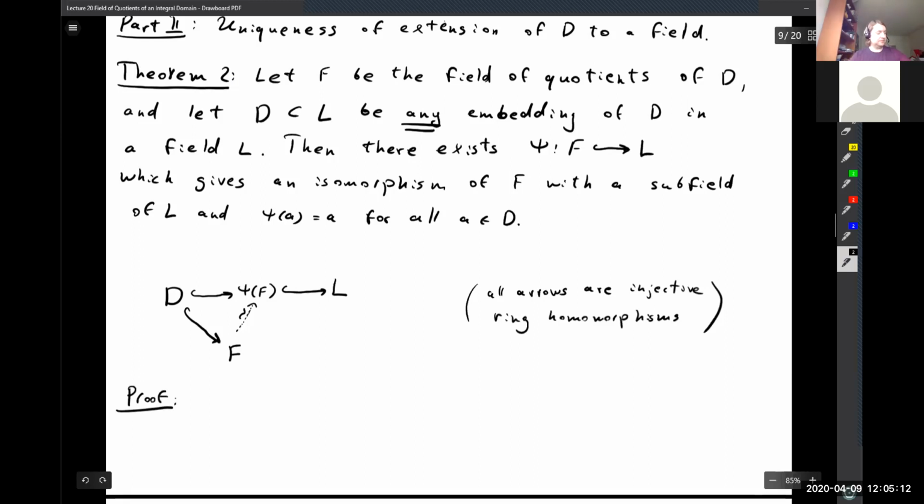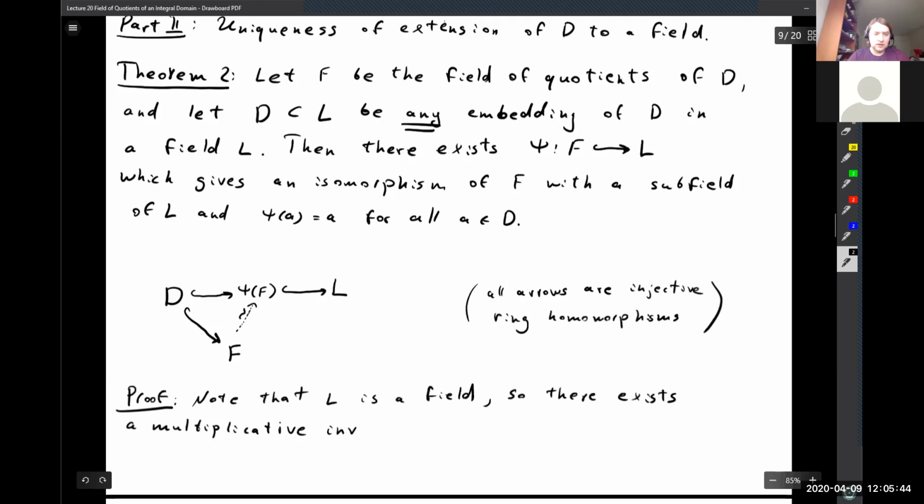Let's first note that L is a field, so there exists a multiplicative inverse for every non-zero element there.